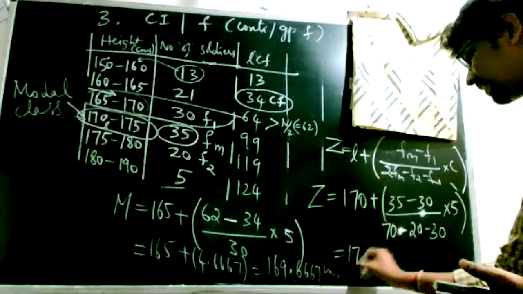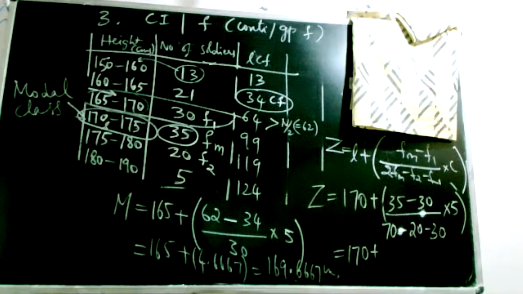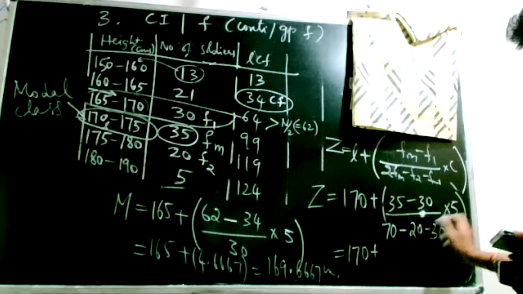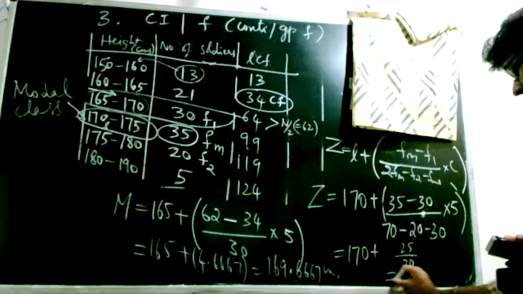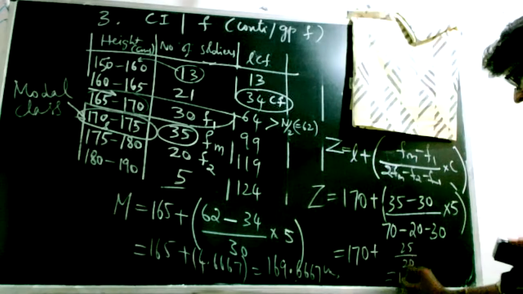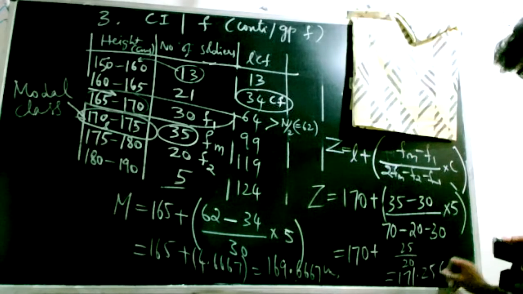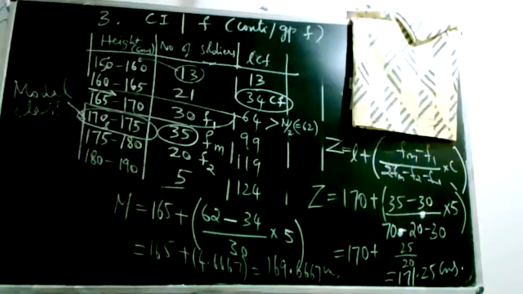So first you will do the subtractions, multiply by 5 and divide by the denominator. 35 minus 30 is 5, into 5 is 25, divided by 70 minus 50, 20. So you'll get 170 plus 25 by 20, which is 1.25. So it comes to 171.25 centimeters. So that's the value of mode for this distribution.